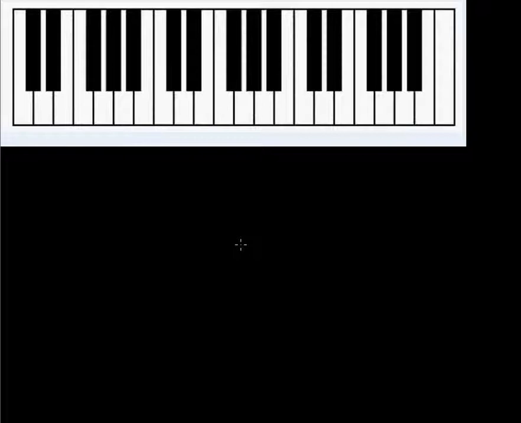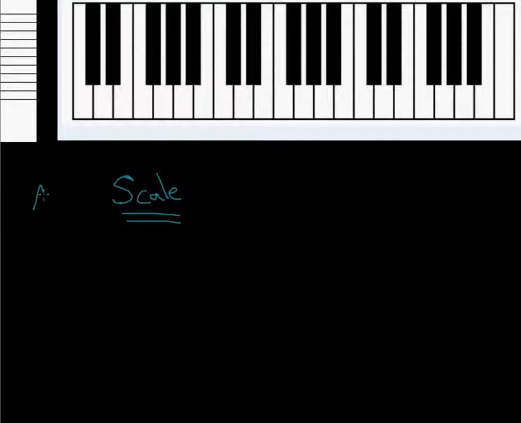Now, the reason we learnt about tones and semitones was because you may have heard of a scale. The word scale, right? Now, you may have some idea of what a scale is. There are different kinds of scales, right? We are going to be looking at something called the major scale.